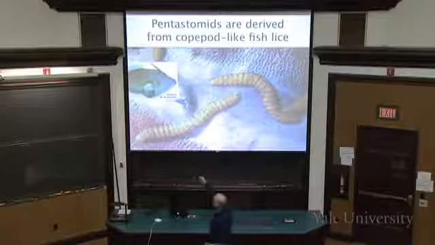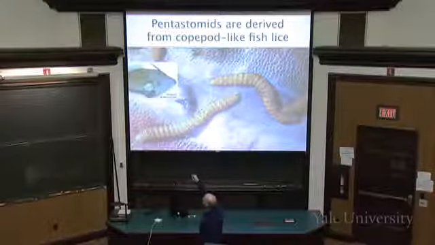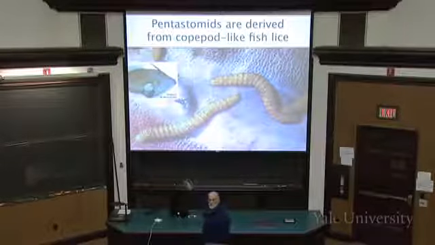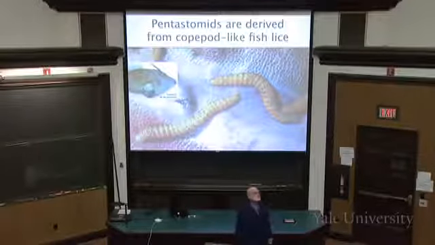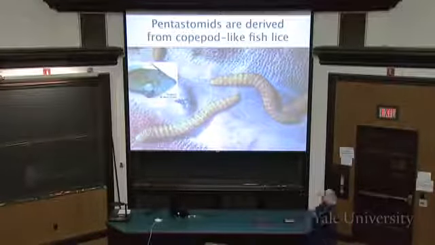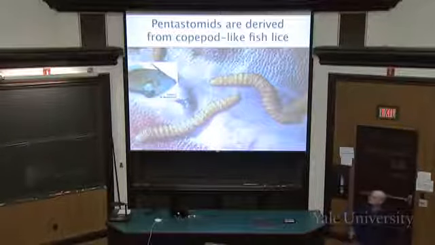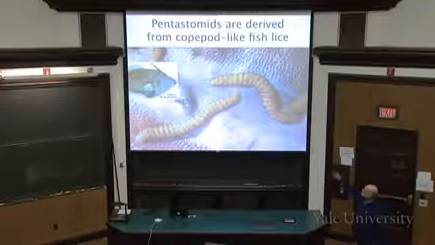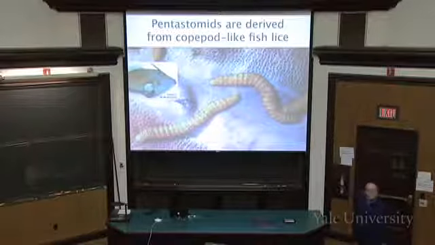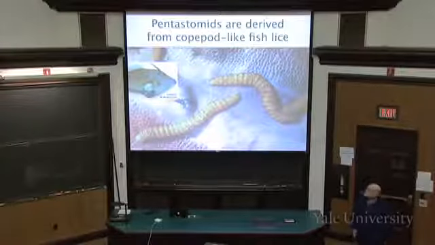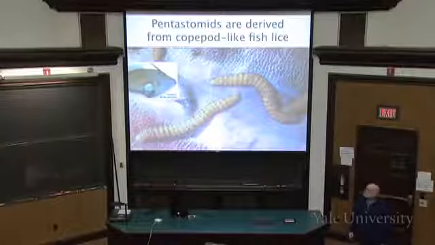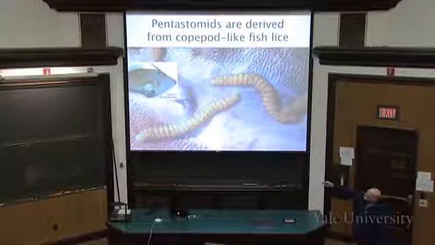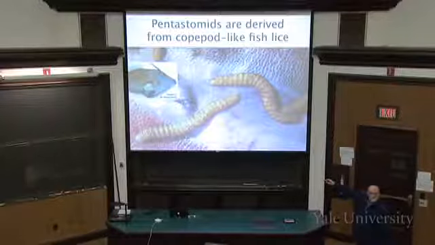Here is a fish louse on the outside of a triggerfish, and this is an isopod. Pentastomids are related to fish lice. They are not related to beetles or to nematode worms or to a lot of other things. And in fact, they're nested within the fish lice. So evolution took something that looked like that and turned it into that.